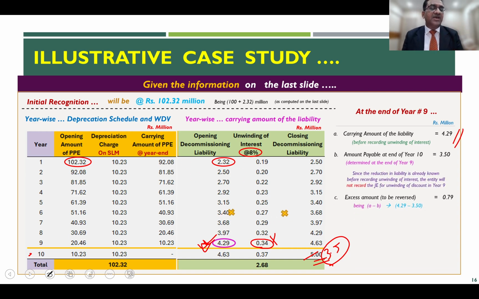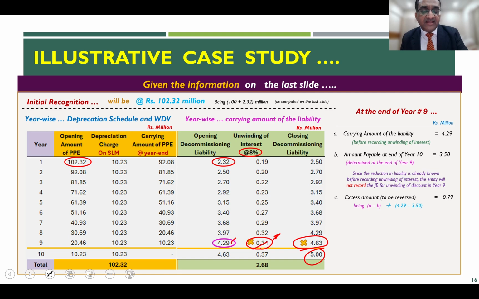Since the reduction in the liability is already known, you know that you will actually be paying only 3.5, and therefore you will not record this 0.34 unwinding. But let us see what we do. All I am saying is that there is an excess amount.